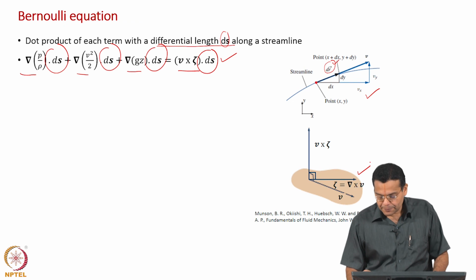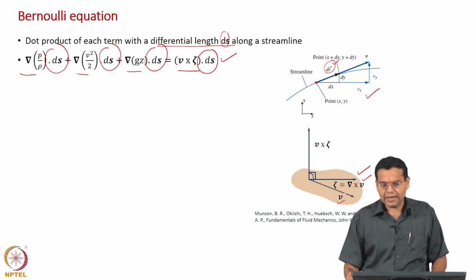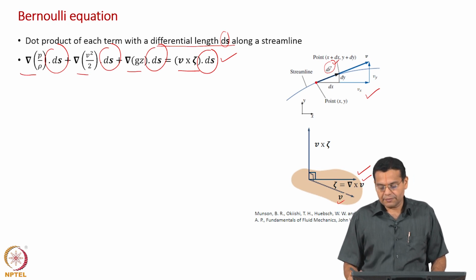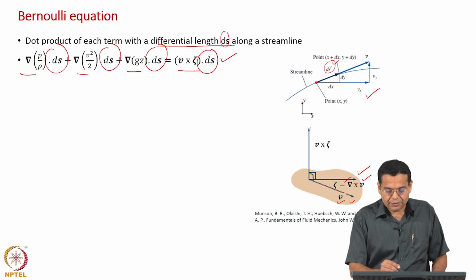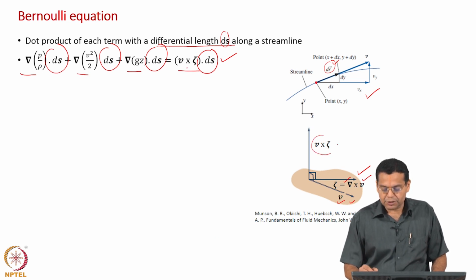What is shown here? A velocity vector and then the vorticity vector. They can be in two different directions, because one is the velocity vector, and the other is del cross velocity, the curl of the velocity vector. Now, we have one V cross vorticity here, and that vector is shown here.